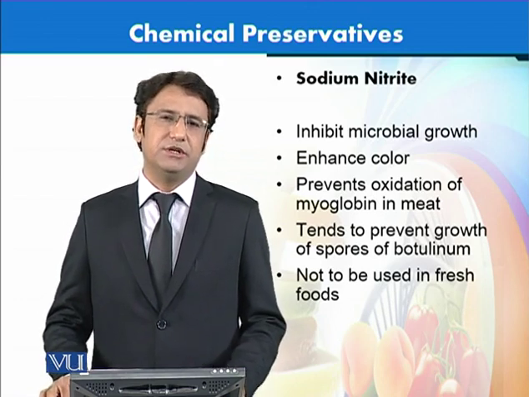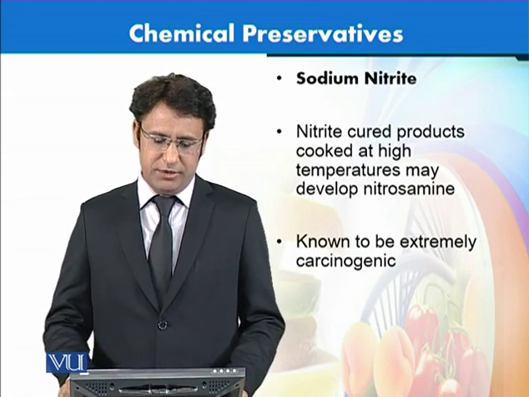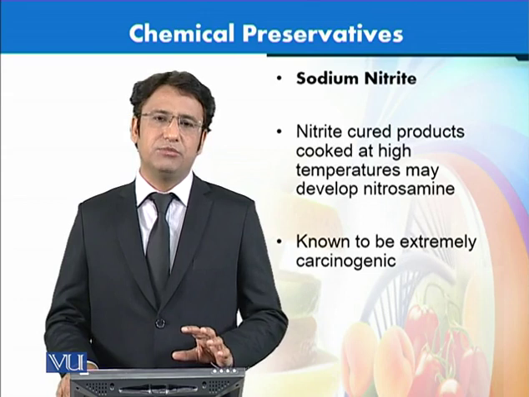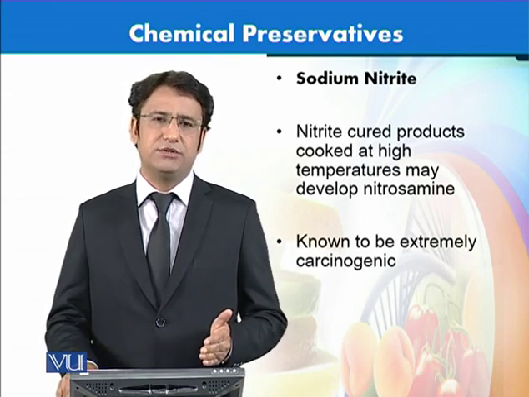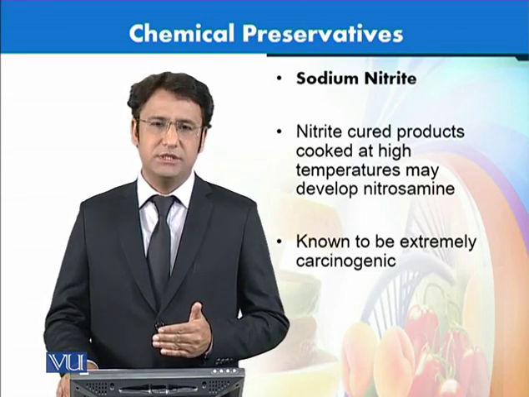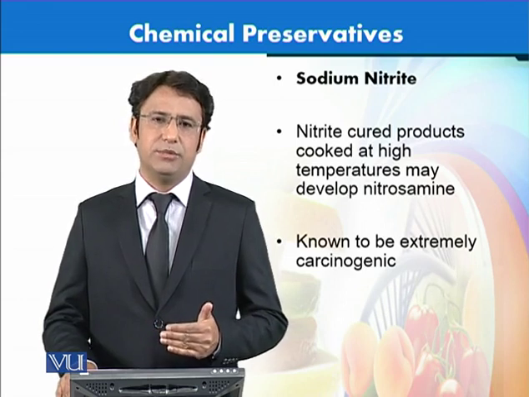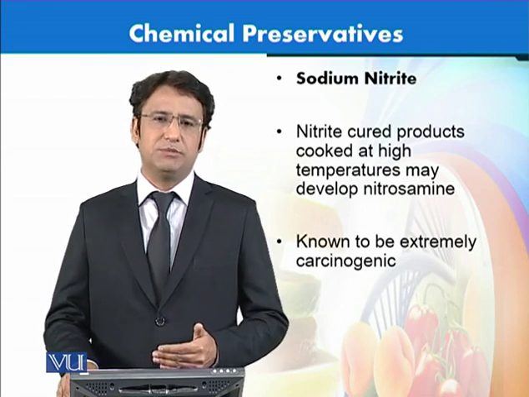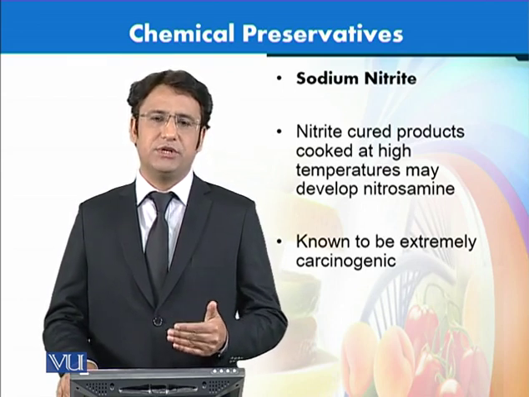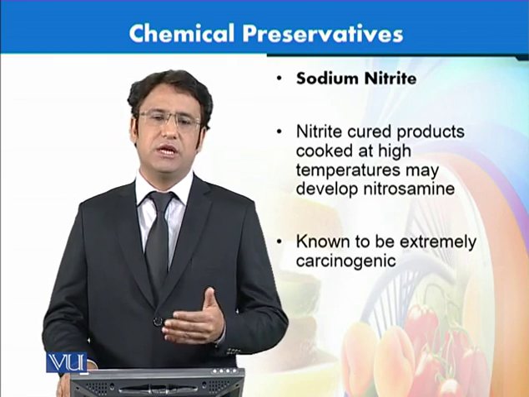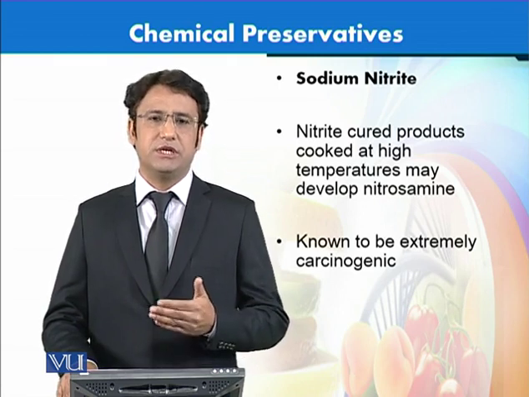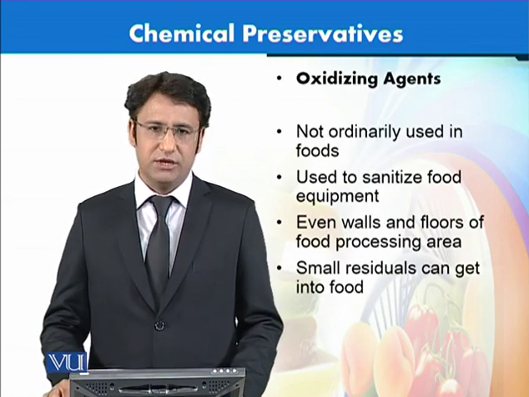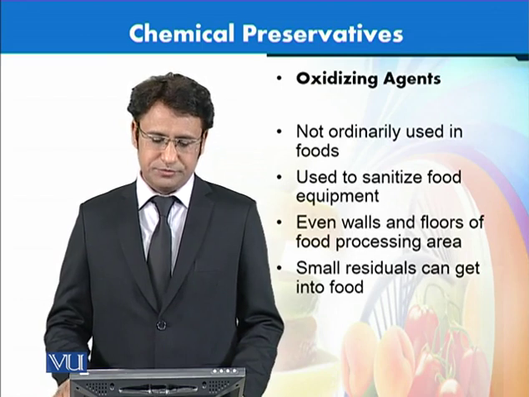But this is not recommended for use in fresh food products, because when we cook products containing sodium nitrite, it is converted into nitrosamines, which are very carcinogenic compounds. This is normally found in many barbecue meats, especially when sodium nitrite has been added. So higher temperature converts sodium nitrite into nitrosamines, which are carcinogenic and must really be avoided in food products.